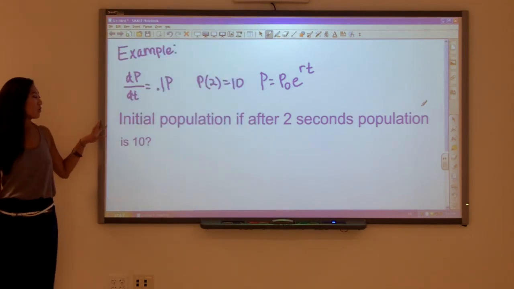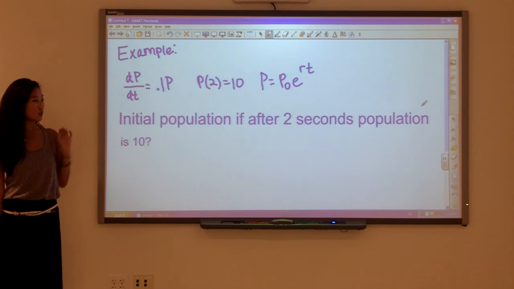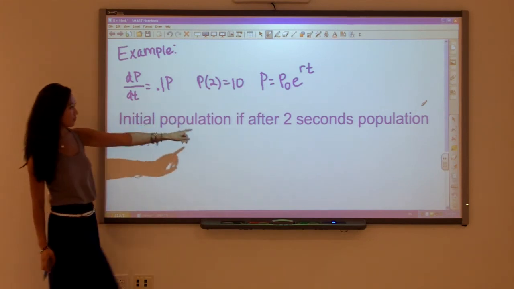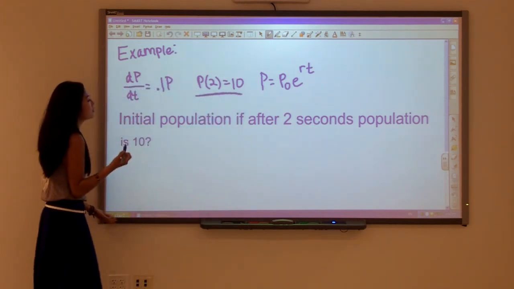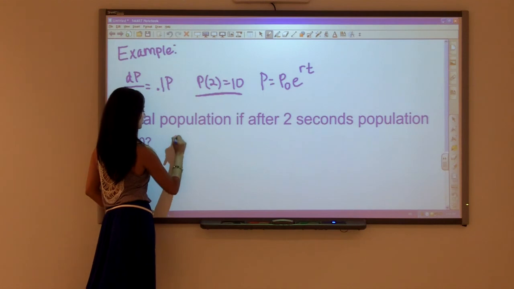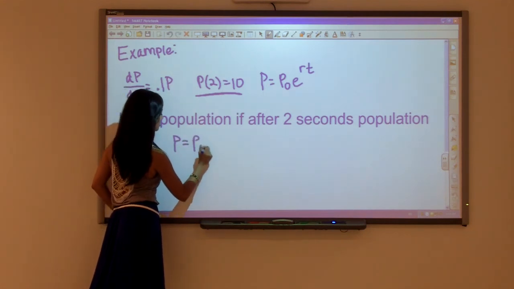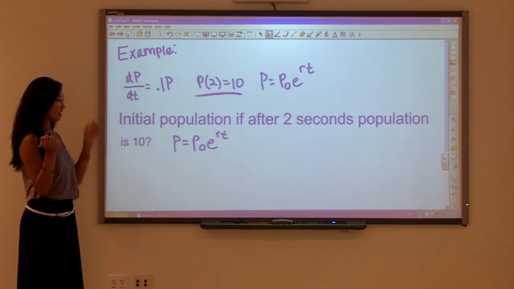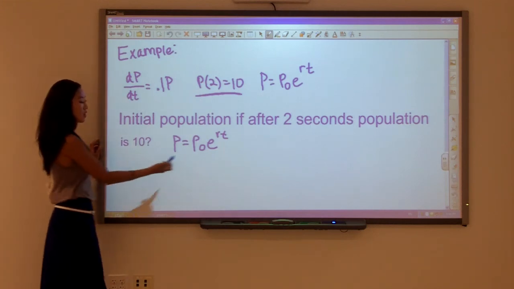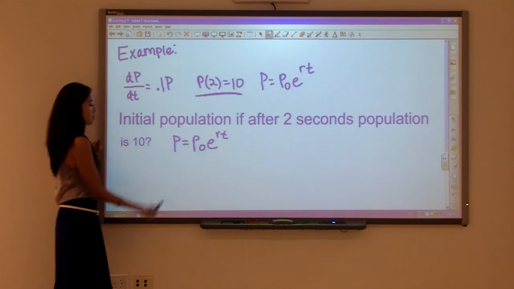Now we're going to do an example problem. The question says, what is the initial population if after 2 seconds the population is 10? We have our information written right there, and this is our generic equation. So we are solving for P naught right here.